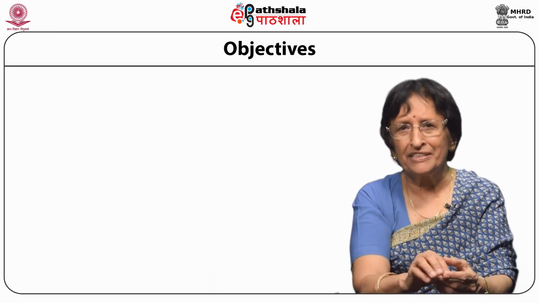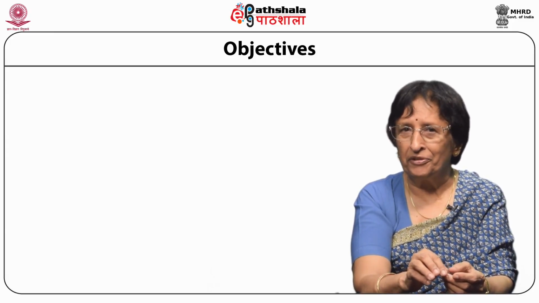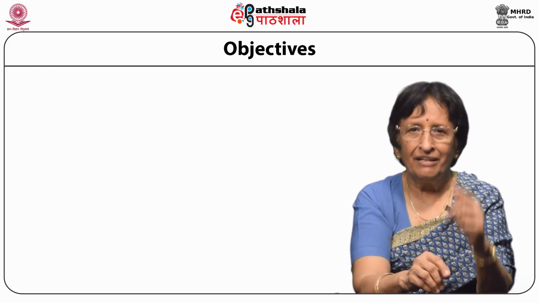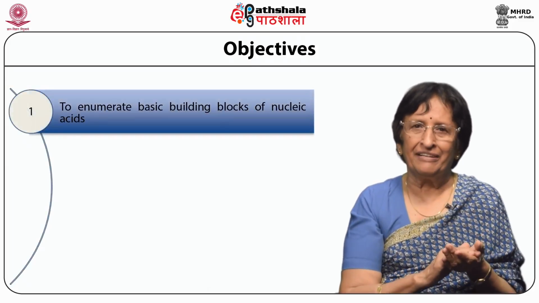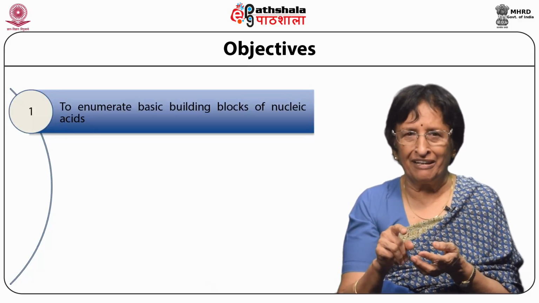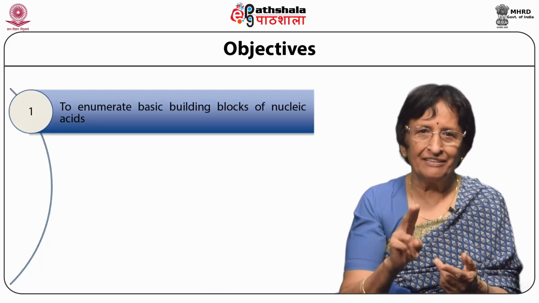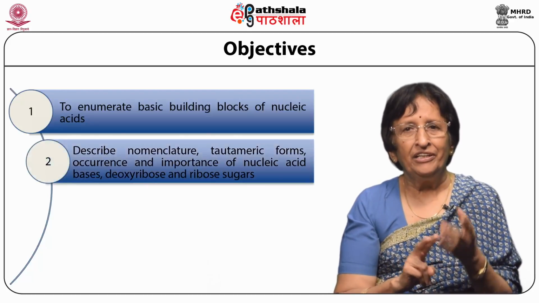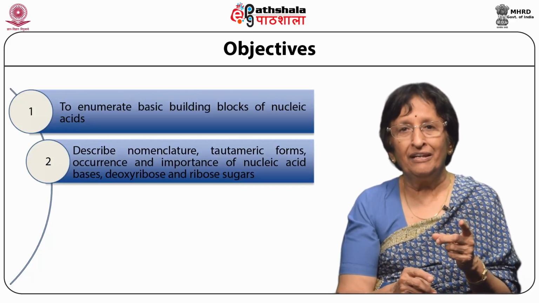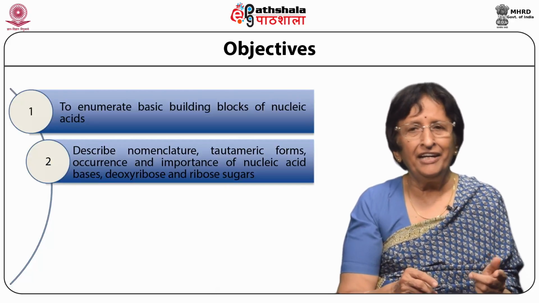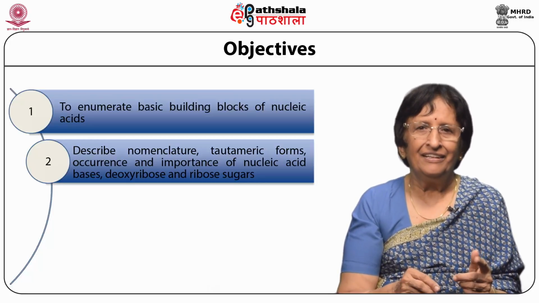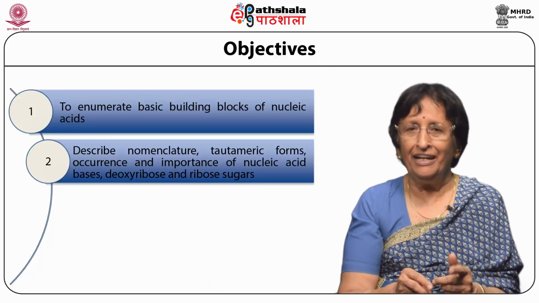Students, let us first see what you are going to learn in this module. First, I would like to enumerate the basic building blocks of nucleic acids. Next, I want to describe nomenclature and different tautomeric forms, occurrence and importance of nucleic acid bases, deoxyribose sugar and ribose sugar.